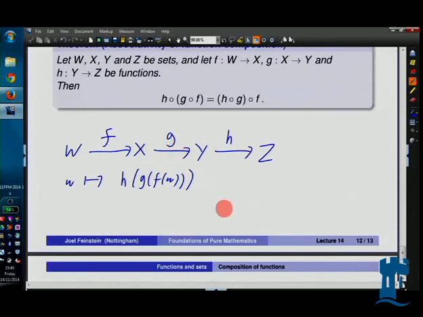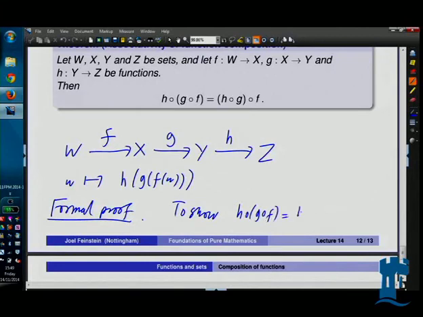So the formal proof, to show h composed with g composed with f is equal to h composed with g composed with f, with the brackets placed differently, well, they've got the same domain and the same codomain Z. You can check that.